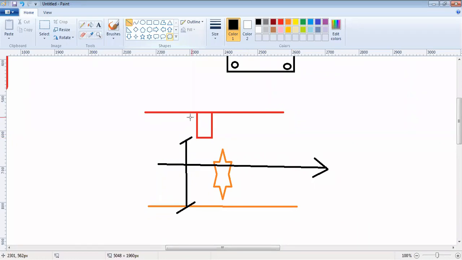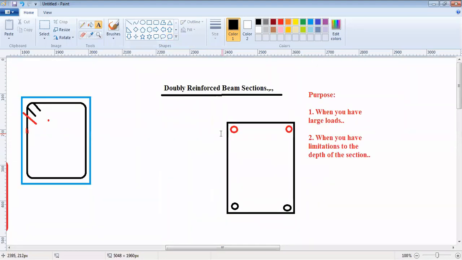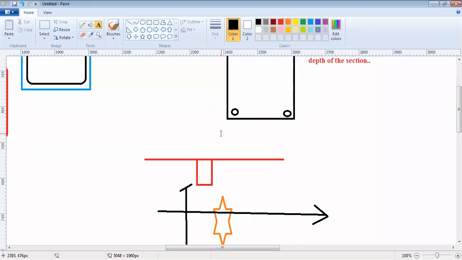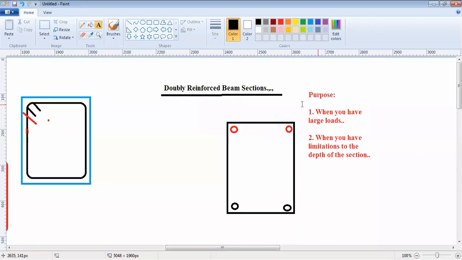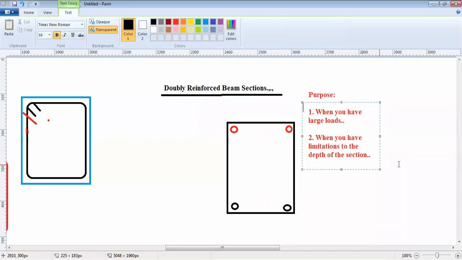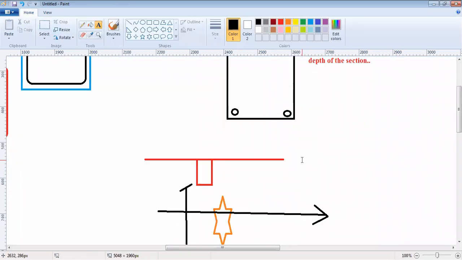So in short, this beam has got a limitation to its depth due to various things. In such conditions, you have to provide doubly reinforced sections in both these conditions which I mentioned: one, when the load is large, and two, when you have the limitation to the depth of the beam section.